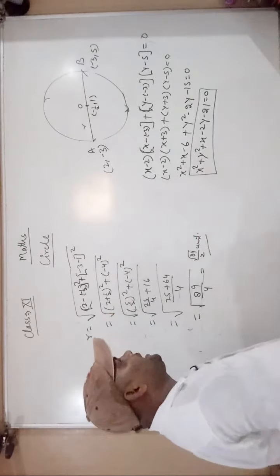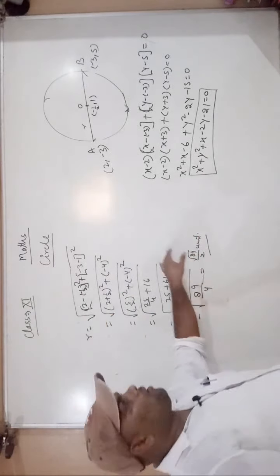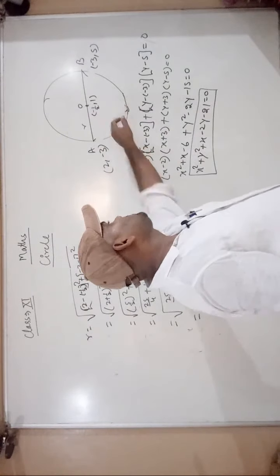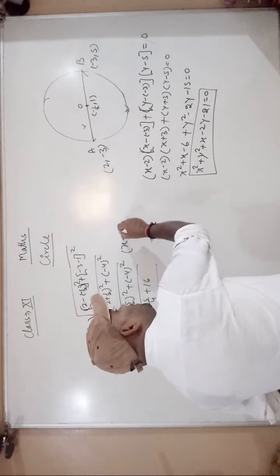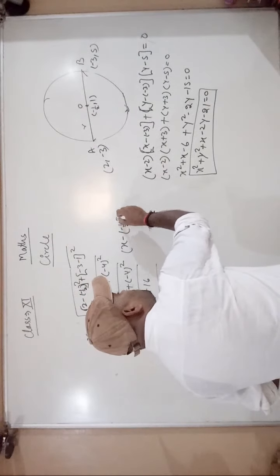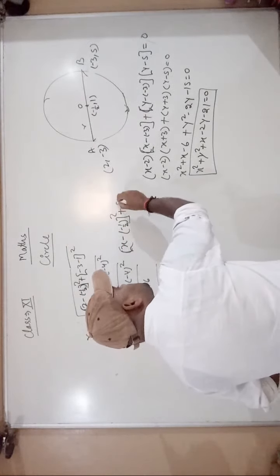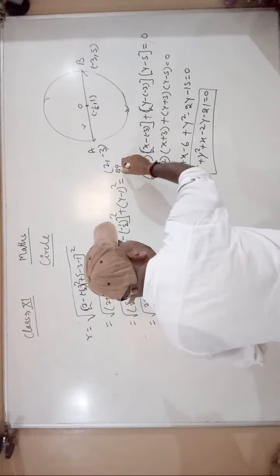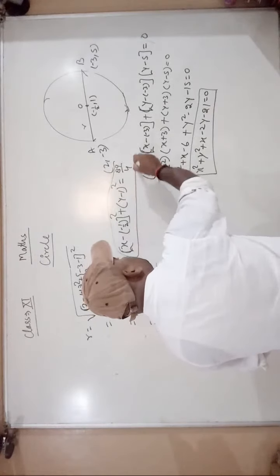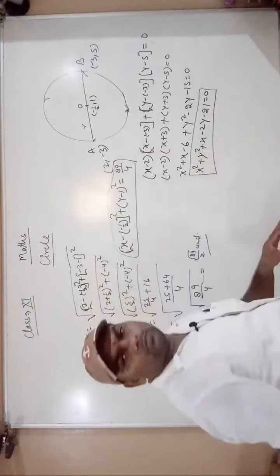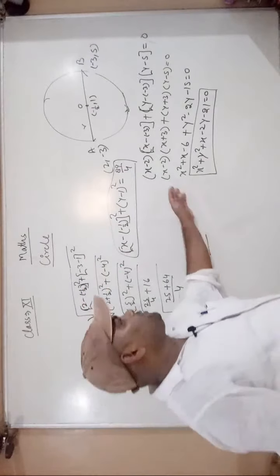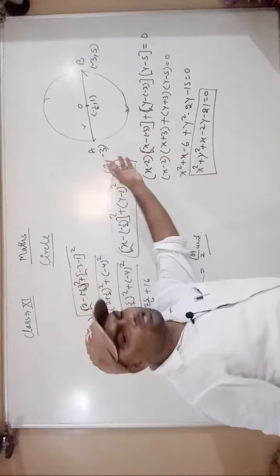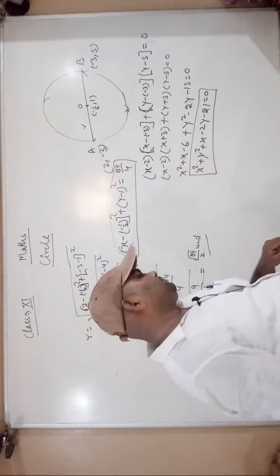Okay, and then we know the radius, and we will use this center: (x minus 1 by 2) square plus (y minus 1) square is equal to radius square, that is 89 by 4. Simplify this also, we will get the same equation. So when the diameter is given directly, we can use this formula, or you can go through the center also.